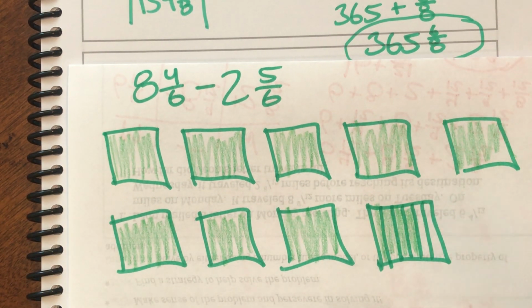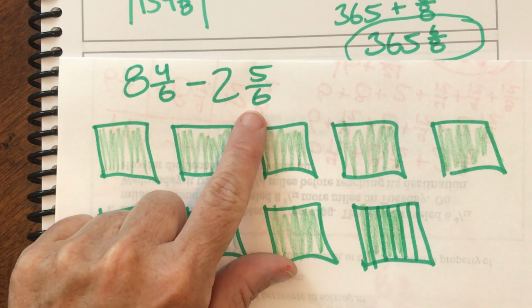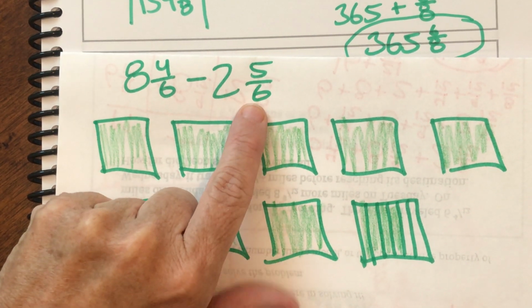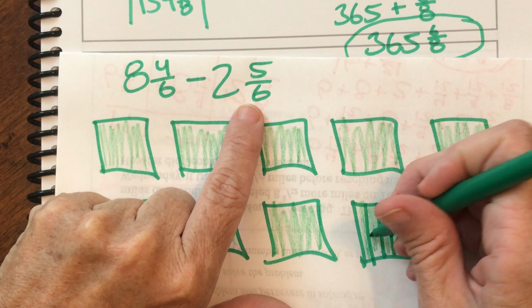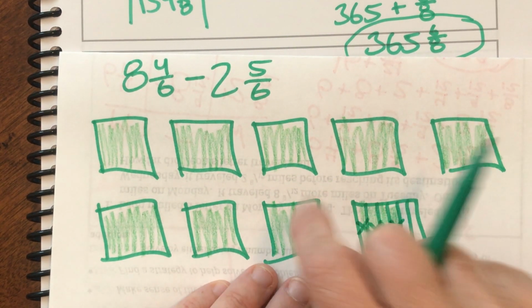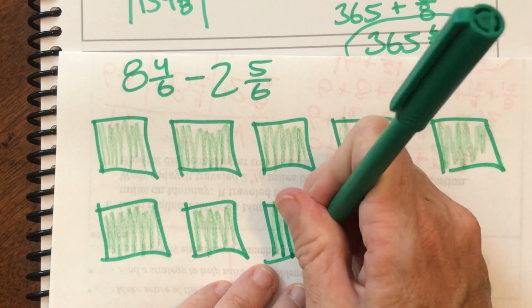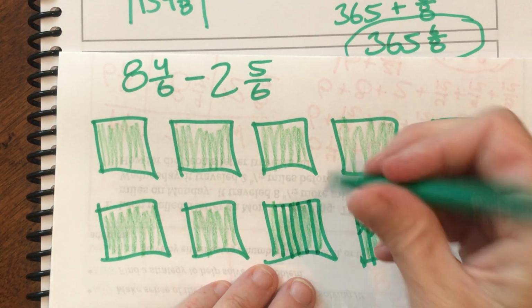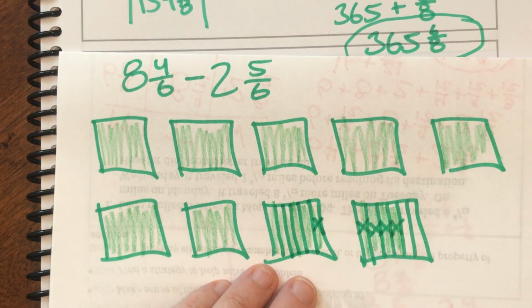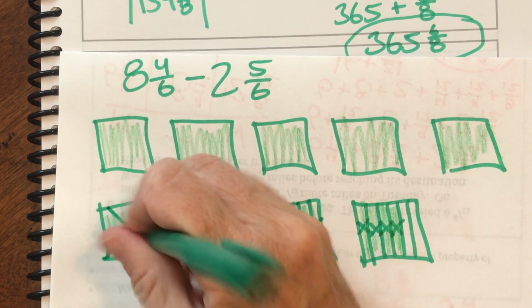That's what we have. And they want us to take away 2 and 5/6. So I have to take away 5/6. So 1, 2, 3, 4. Okay, I don't have enough to take away, so I need to cut or partition another one into 6. If I already took away 4, I just need to take away 1 more. So now I took away 5/6, and they also want me to take away 2 wholes.